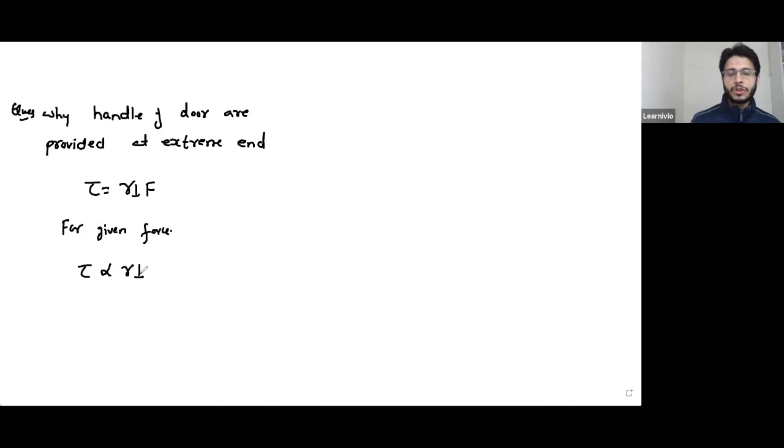Since tau is proportional to R perpendicular, if R perpendicular is maximum, then torque is maximum. So just to maximize your torque for a given force, we provide handles at the extreme end of the door.